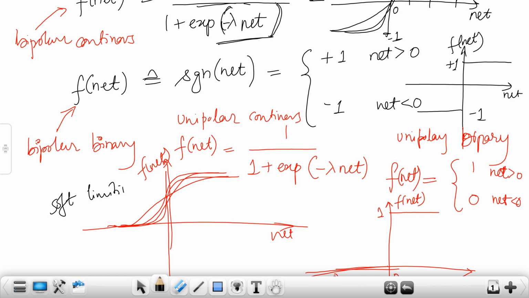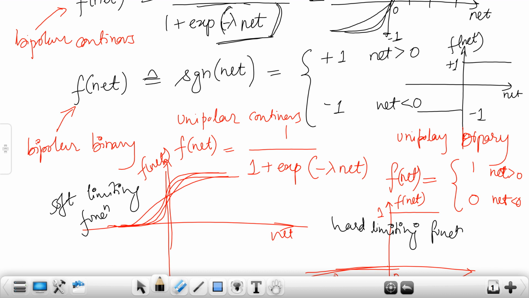Why soft limiting? Because at the zeroth point they take continuous values, right? So there is no break, no discontinuity. Your continuous functions are soft limiting. Over here, the binary functions are hard limiting functions. Hard limiting because they take a jump in between, right?